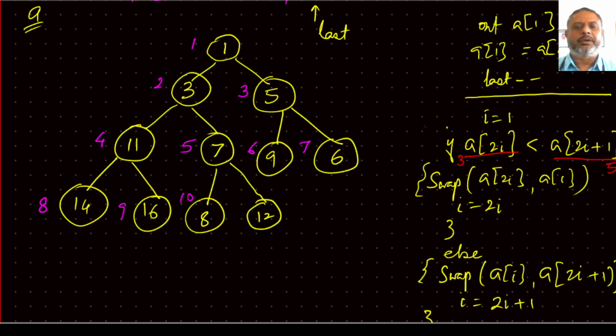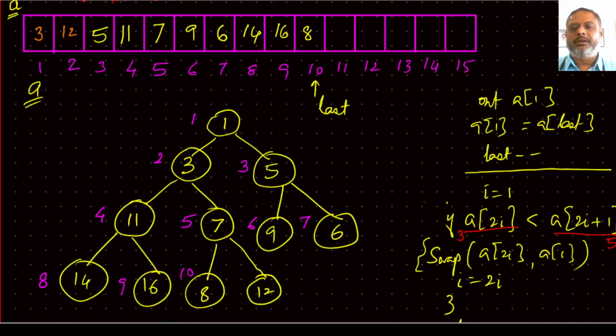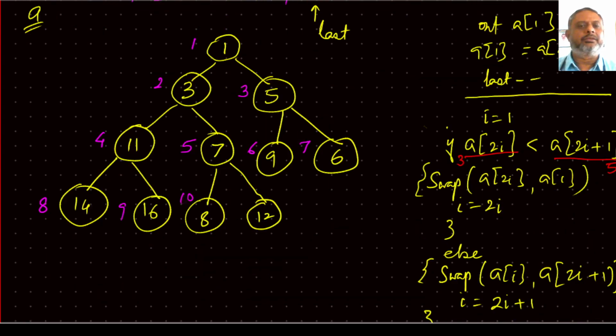So we swap these two. So there was a 12 here and 3, and 12 and 3 get swapped. So 3 comes here, 12 comes here. Right. So that one work is over.